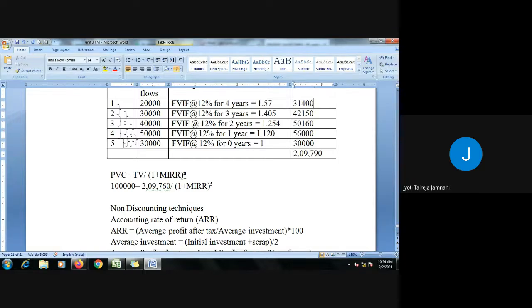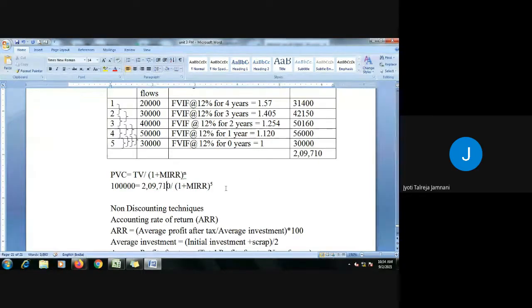Plus 2 lakh 42,150. 9,710. Yes, ma'am. Yes, 2,09,710.